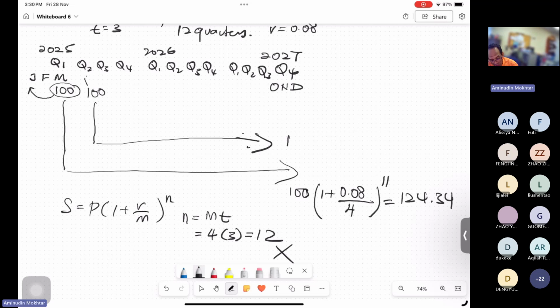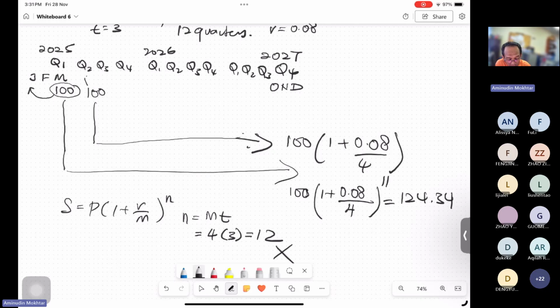So again 100 times (1 plus 0.08 divided by 4) to the power of, okay, to the power of what? Now you need to understand this concept. The second 100 is deposited in the bank at the end of quarter 2.